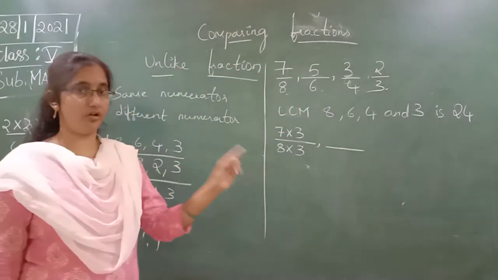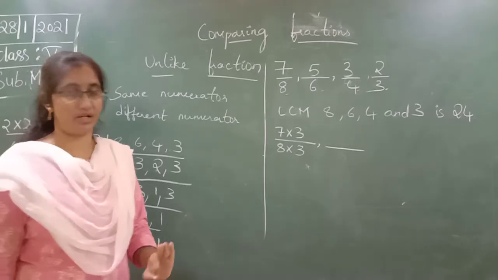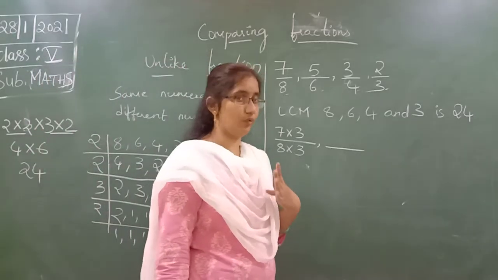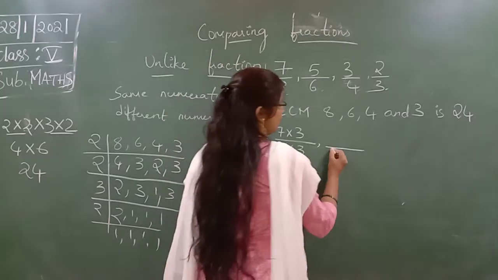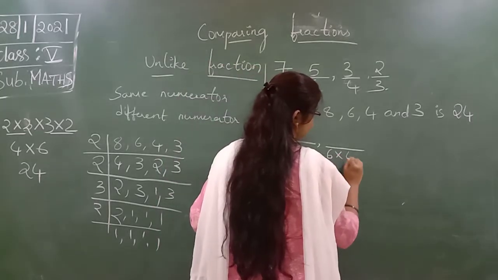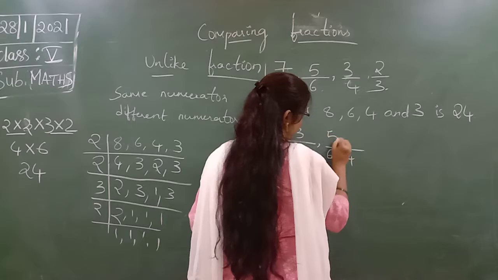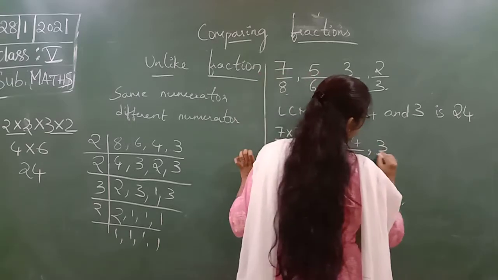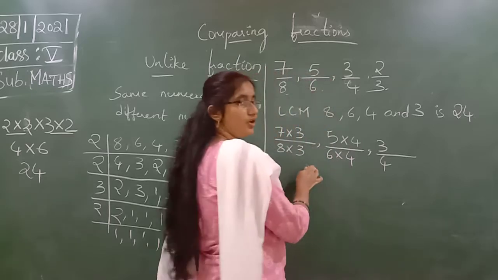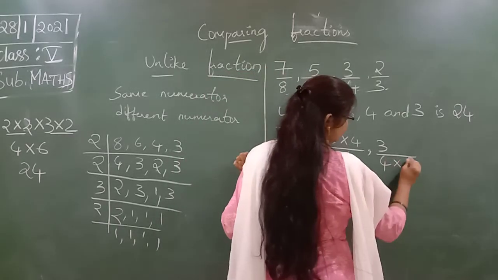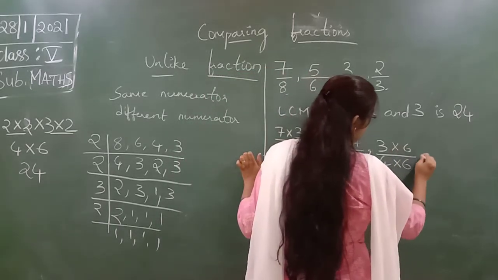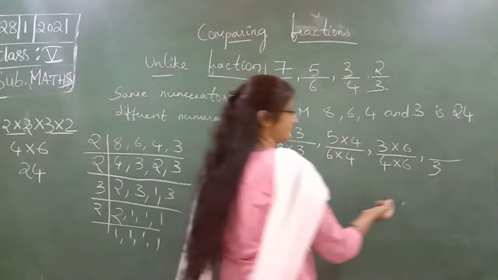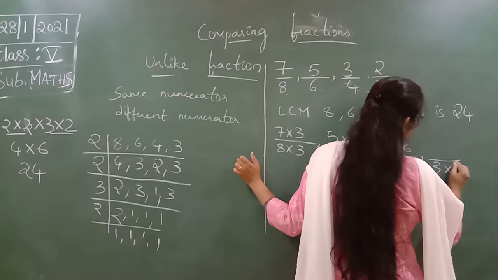When you multiply the denominator, you have to multiply the numerator with the same number. 6 into 4 is 24, so you multiply the same number in the numerator. Next, in the 4 table, 4 into 6 is 24. Next, in the 3 table, same, 3 into 8.